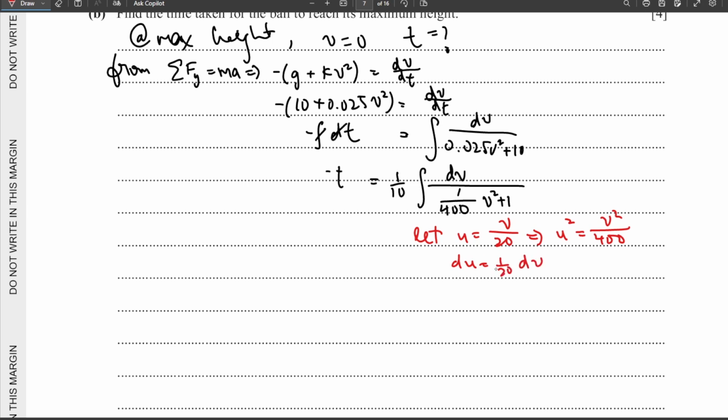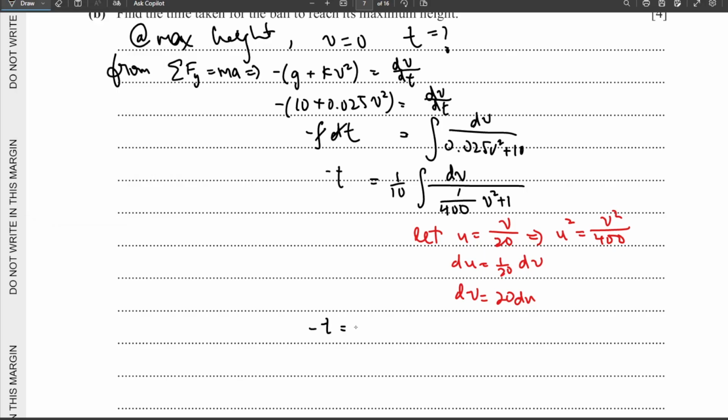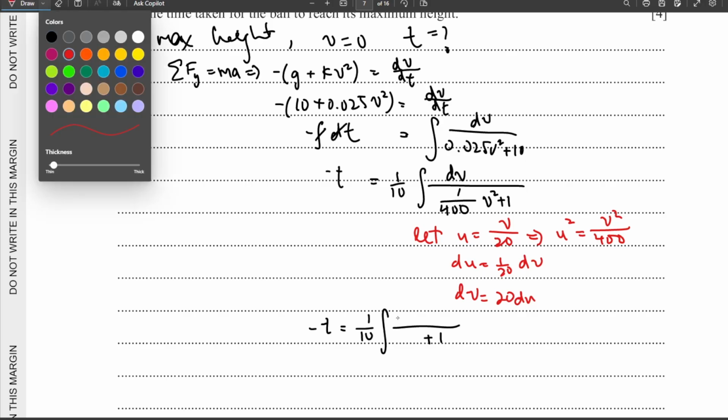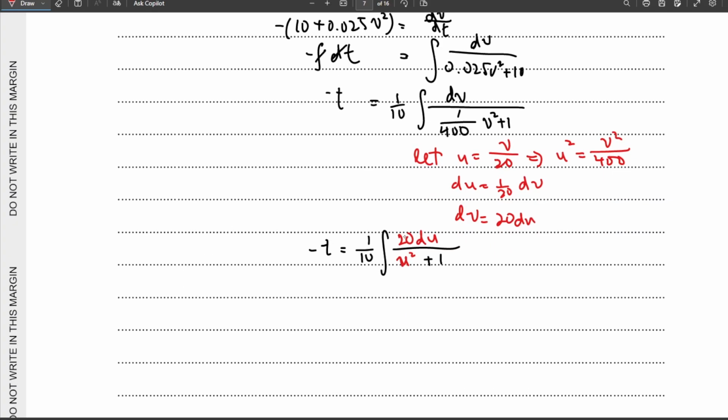So dv is 20 du. We can substitute all this back into the integral, so that we transform this entire integral from the variable v to u. The dv we change, and the 1 over 400, the v squared we change. This is supposed to be u squared. We can do some cancelling.